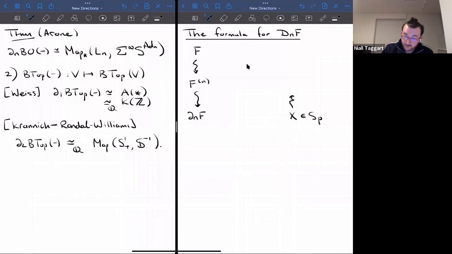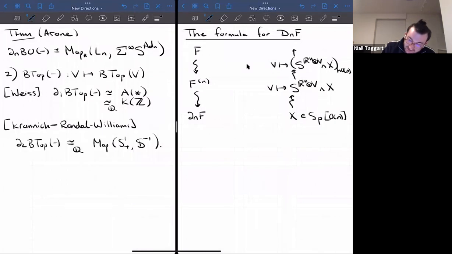I can then make this functorial kind of arbitrarily, by making a functor that sends V to the one-point compactification of n copies of V smash X. This is now a functor which lands in spectra with an action of O(n). I can then kill the O(n) action to get a functor that lands in just straight spectra, let's say by homotopy orbits.